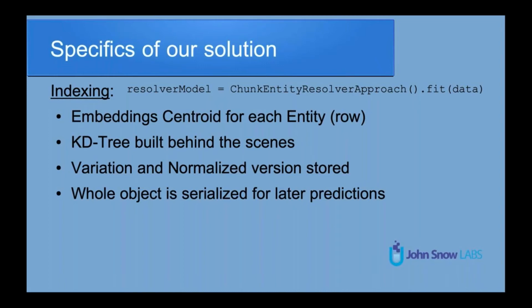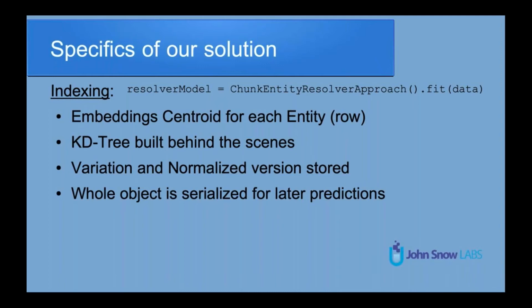And in the tree, besides storing the key, which are these embedding centroids, we'll store the normalized and the trained variation for every single concept. So you may have different variations for the same normalized concept in order to cover a vast amount of versions.